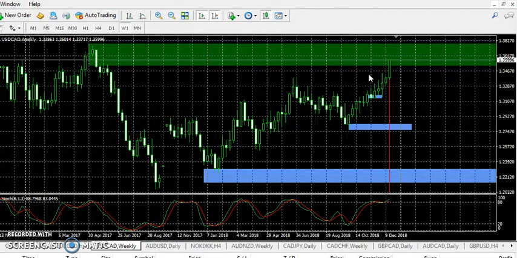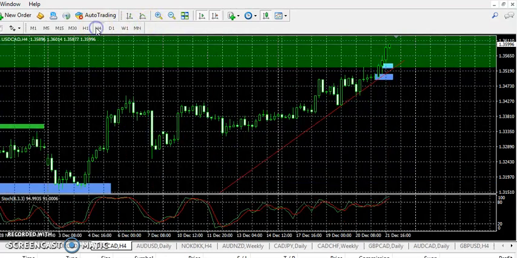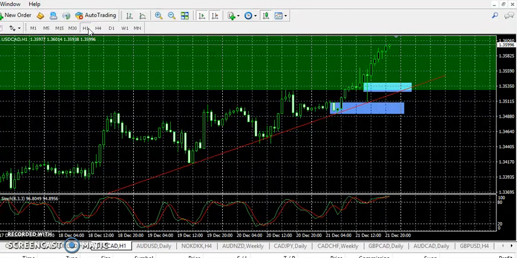Still in a weekly uptrend, still in a daily uptrend, and still in a 4-hour uptrend. So the time frames are definitely in alignment. We could still have more potential longs, but as I said, we have to be careful because we are pressing against larger time frame supply areas.